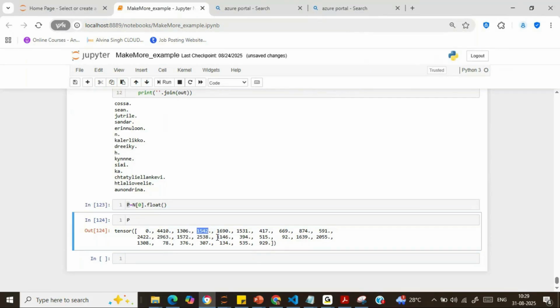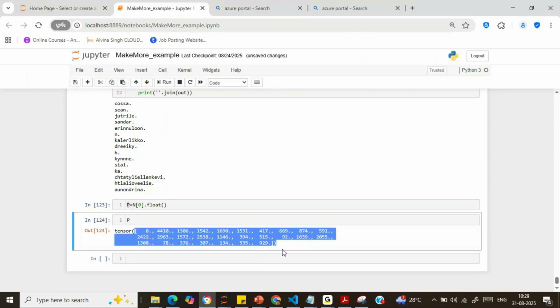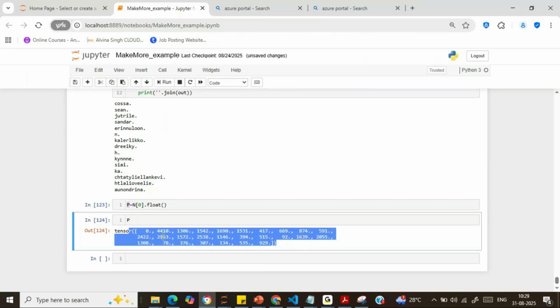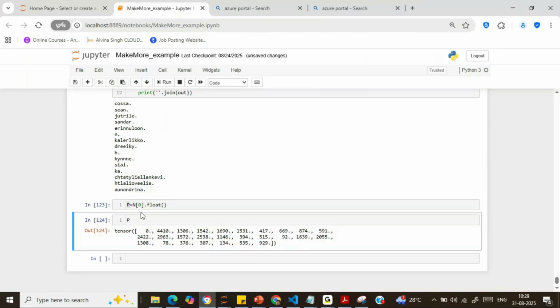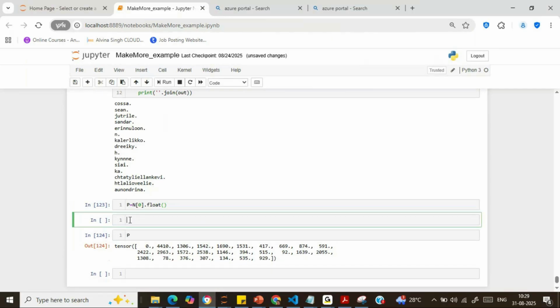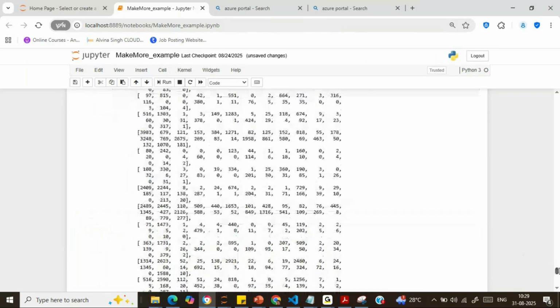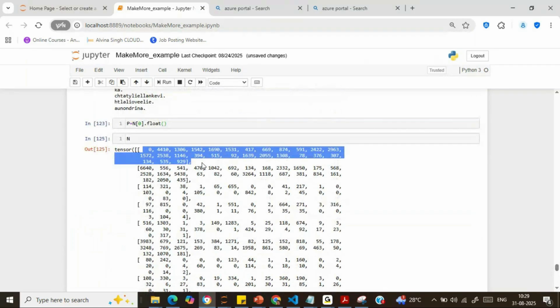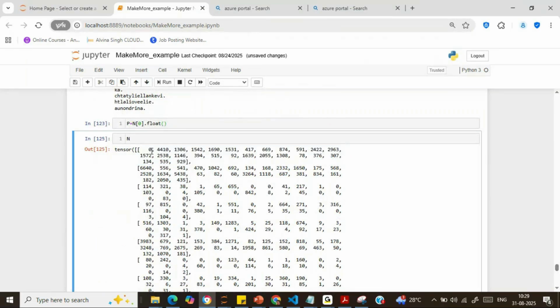440013061542. This is nothing but the zeroth index, the first row from a given tensor. You can take it in this way: n is the complete tensor that we are having, and this is 27 cross 27, we are having 27 rows and 27 columns, 0 1 2 3.